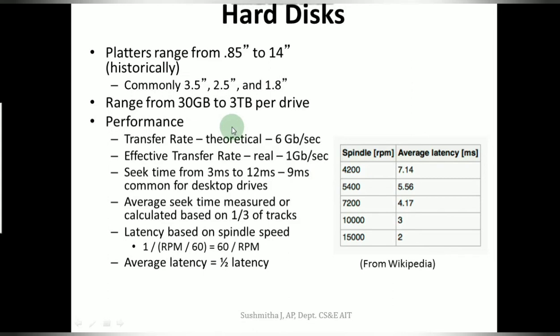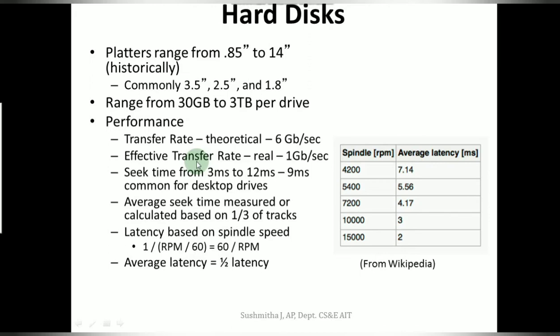You can have a hard disk ranging from 30 GB to 3 terabytes, with a transfer rate of 6 gigabits per second, and the seek time would vary from 3 milliseconds to 12 milliseconds. These are some of the standards that are available in the market.